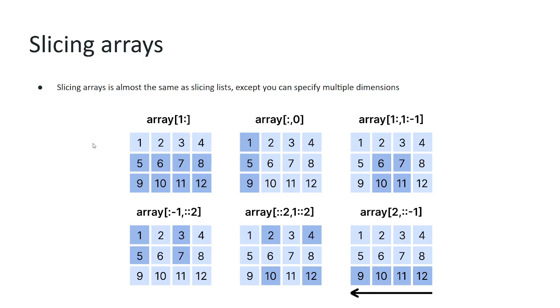It indicates that it will keep all the data from the second row onwards. That is, 0 represents the first row, 1 represents the second row, and 2 represents the third row. Our indexing always starts from 0.